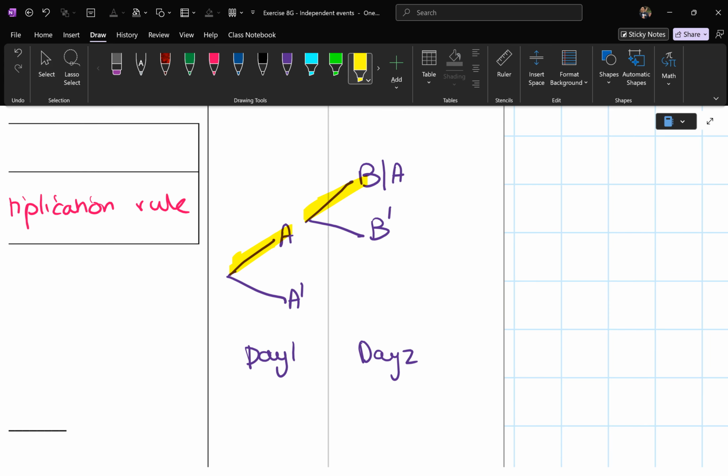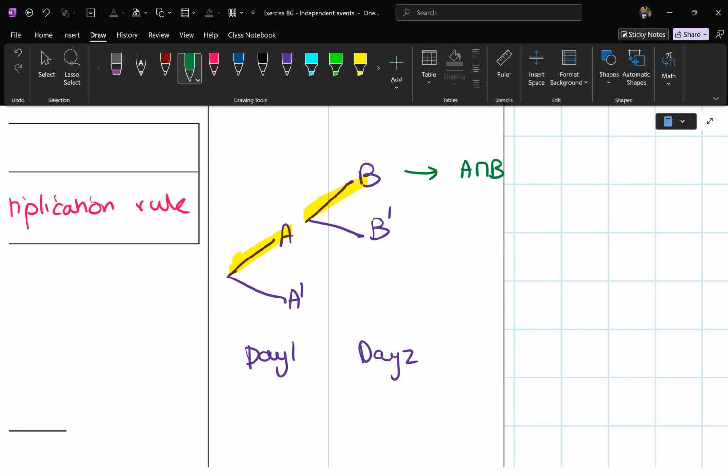But back in Year 7, you didn't see it that way. You saw it as this. So when I ask you what is A intersect B, this is A intersect B, because that's the chances of getting A on day 1 and B on day 2. So that's essentially saying the chances of getting A and B as one possibility, right?